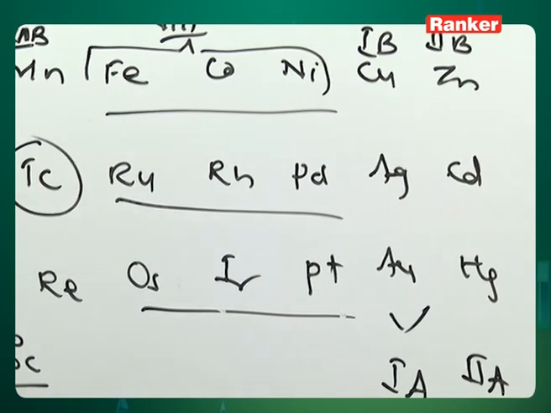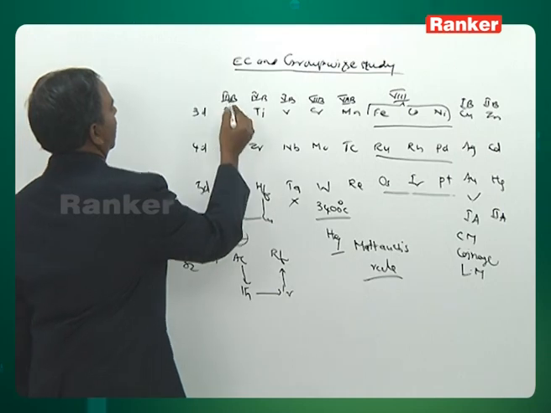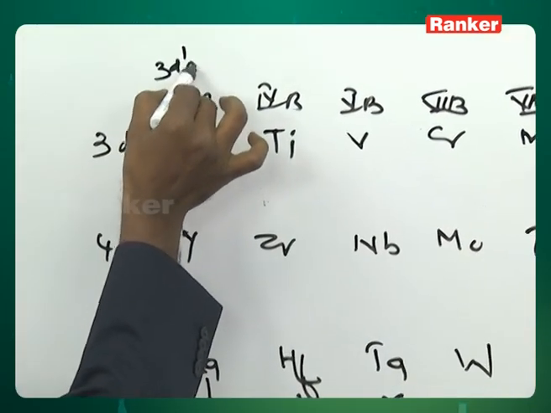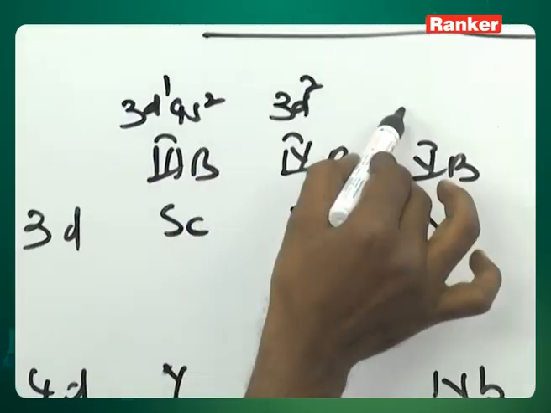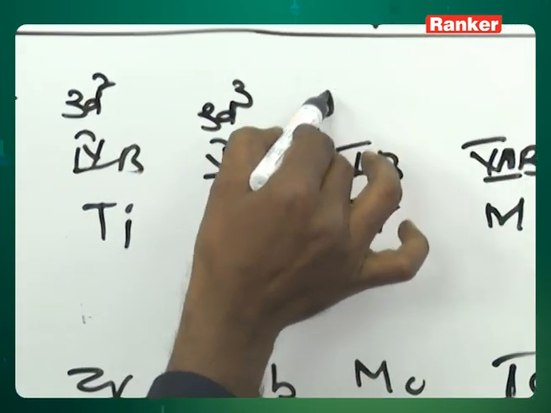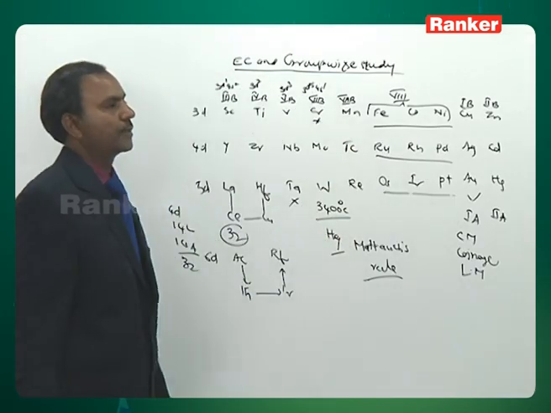Now let us see the electronic configurations of these elements. Consider scandium: 3d1 4s2. This is 3d2 4s2. This is 3d3 4s2. This is 3d5 4s1, the exception chromium.